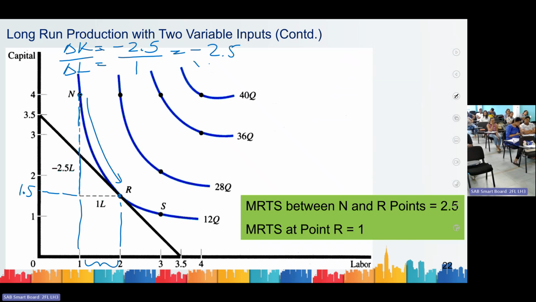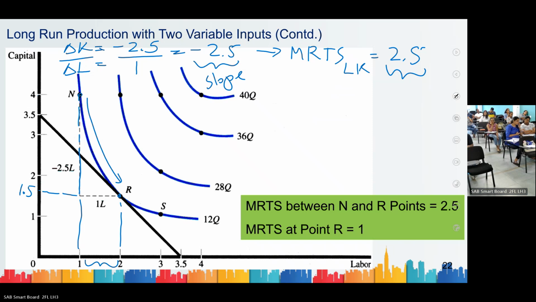That is the slope of the isoquant between point N and R. Then what is the marginal rate of technical substitution? Marginal rate of technical substitution of L for K is 2.5. We write it without the minus sign.